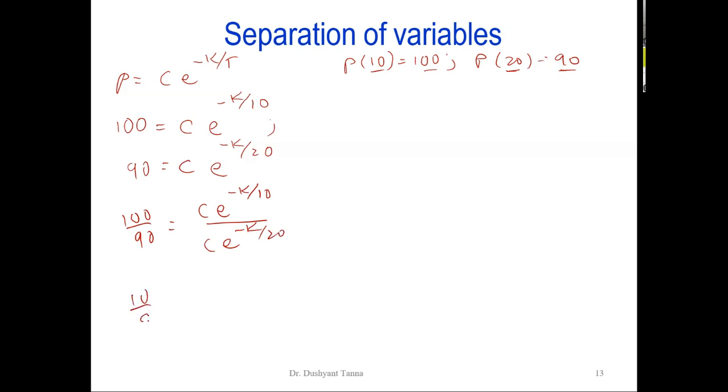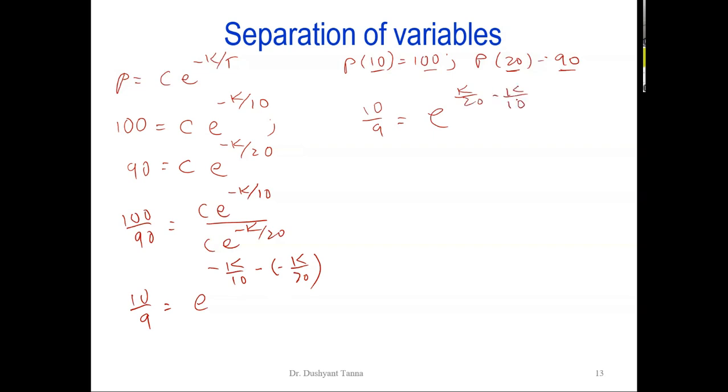So 10 over 9, C is gone. E raised to K over 20 minus K over 10. Subtraction of the power. If you wanted to write it in a way that makes sense, minus K over 10 minus of minus K over 20. So 10 over 9 is equal to e raised to K over 20 minus K over 10.